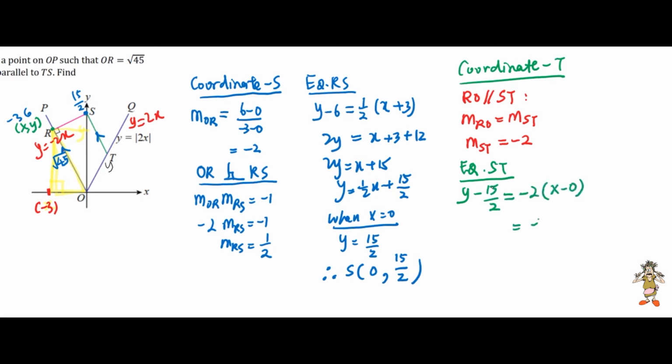So we have negative 2x plus 15 over 2 equals y. For the coordinate of T, we need the intersection between ST and OQ, right? So the intersection point.